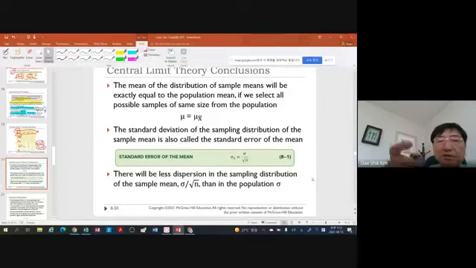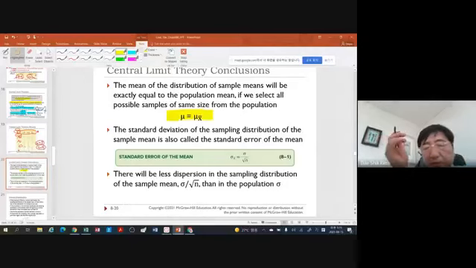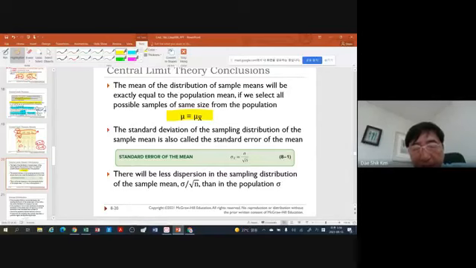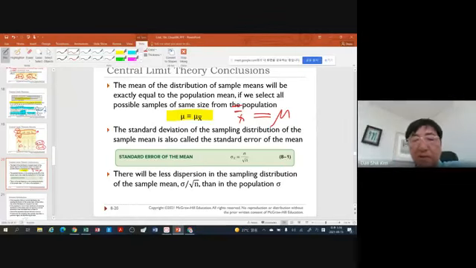See, this is very important for chapter 8. The most important thing is that the sample mean will be equal to the population mean. Okay, the average x bar, x double bar, will equal mu, exactly equal to the population mean.